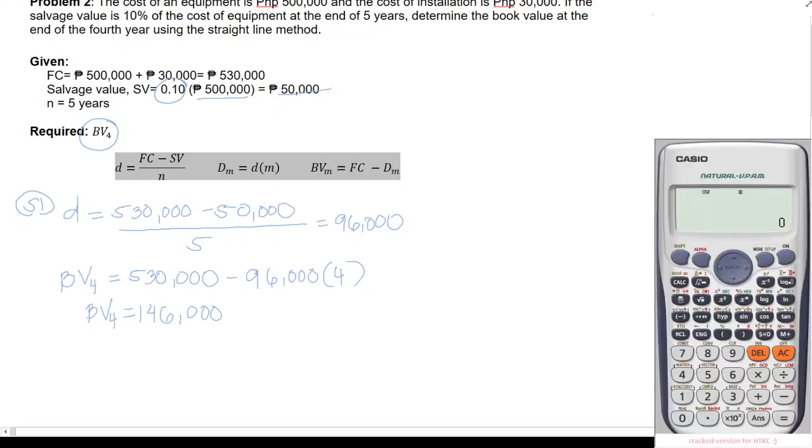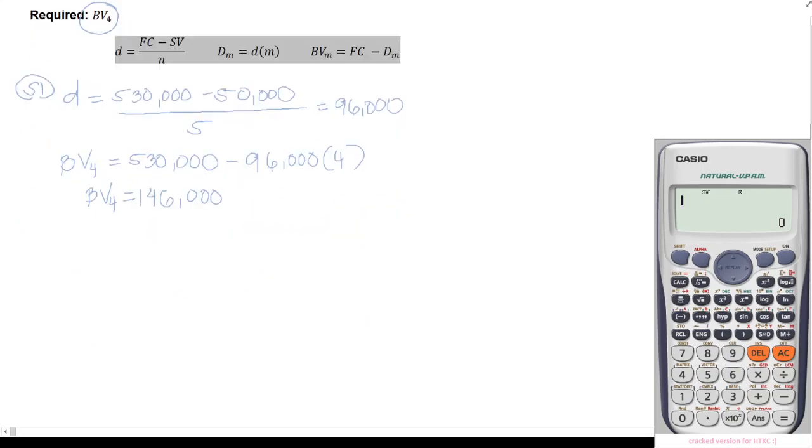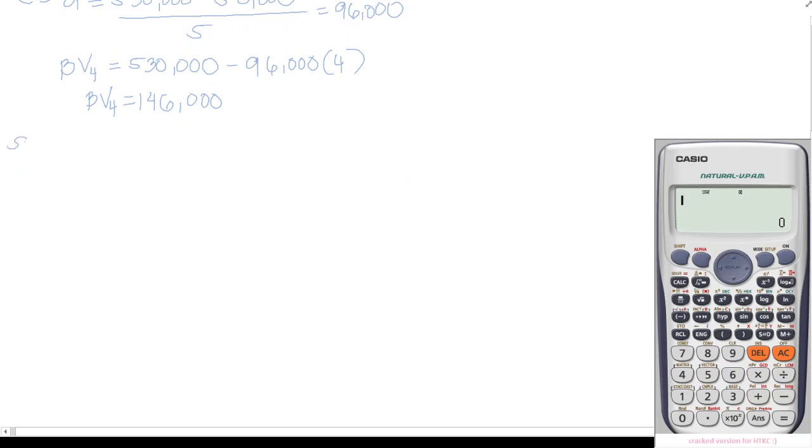Okay, for our solution 2, using the calculator again, we press mode 3 2 for statistics. Here x is the time and y is the book value.